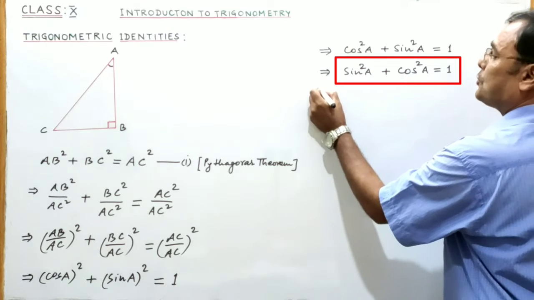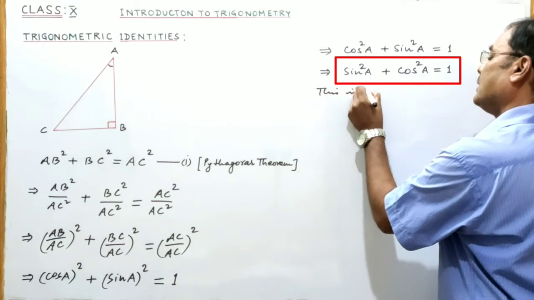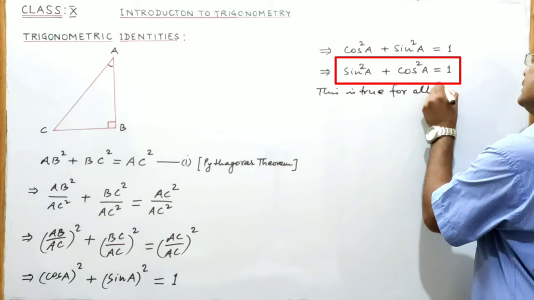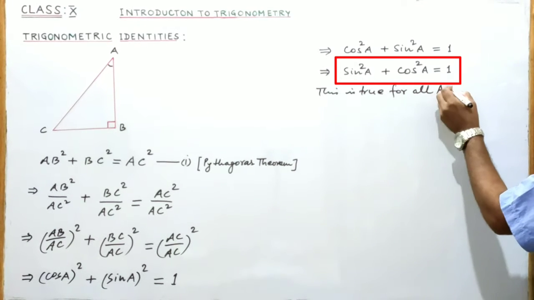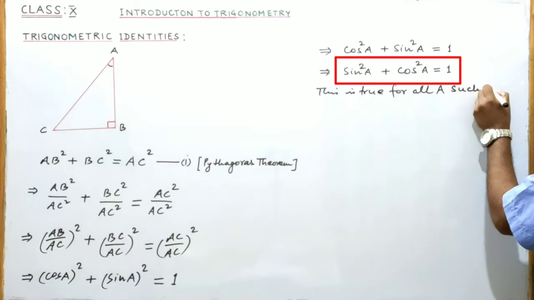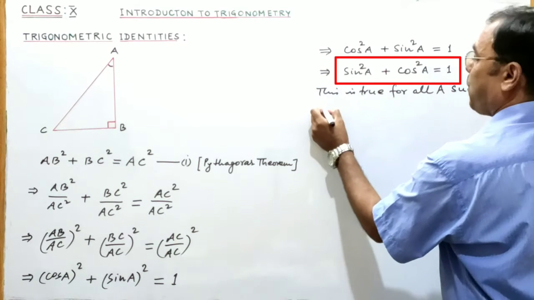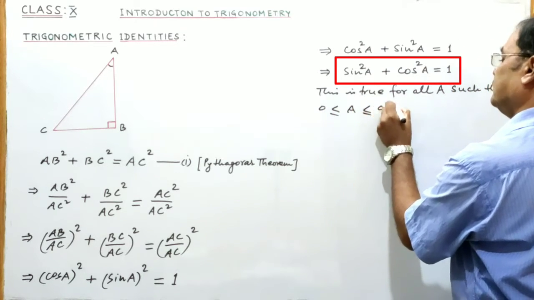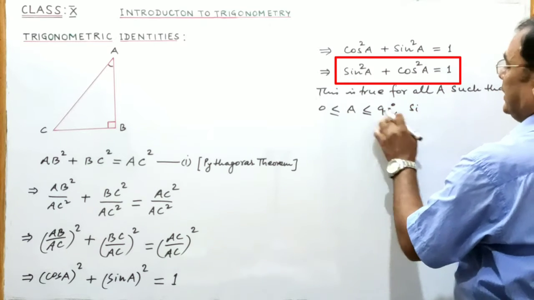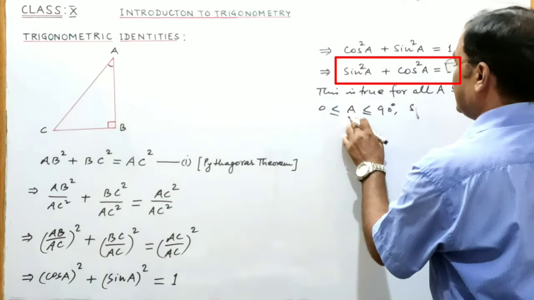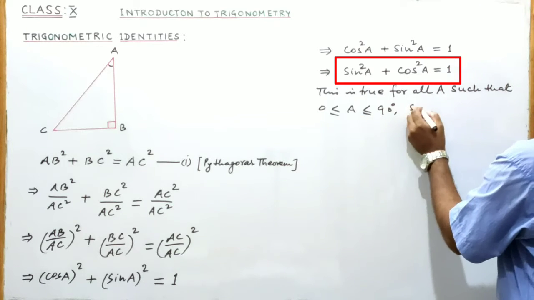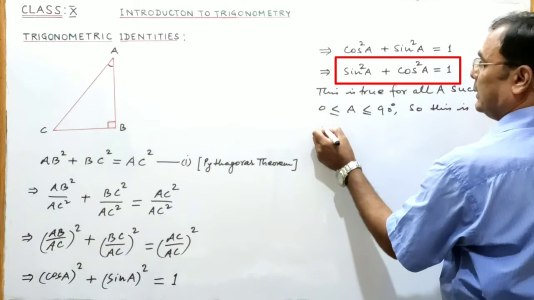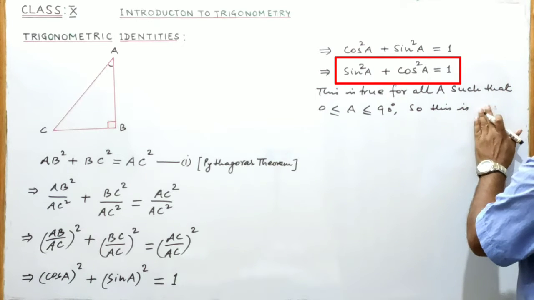So this is true for all A where A is an acute angle such that zero is less than or equal to A is less than or equal to 90 degrees. So this is a trigonometric identity.